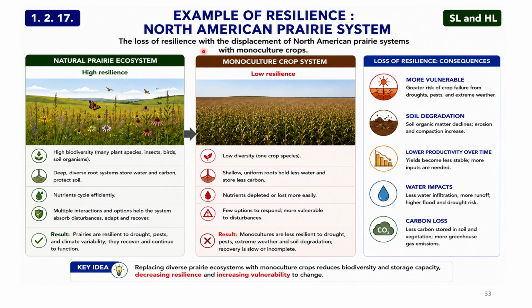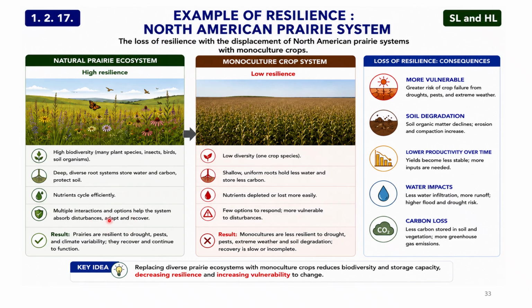This case study demonstrates how biodiversity and storage capacity influence ecosystem resilience. A natural North American prairie is highly resilient because it contains many plant species, insects, birds, and soil organisms. Its deep and diverse root systems store large amounts of water and carbon, improve soil structure, and promote efficient nutrient cycling.